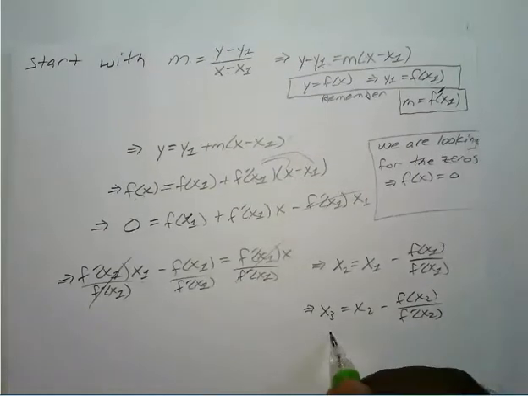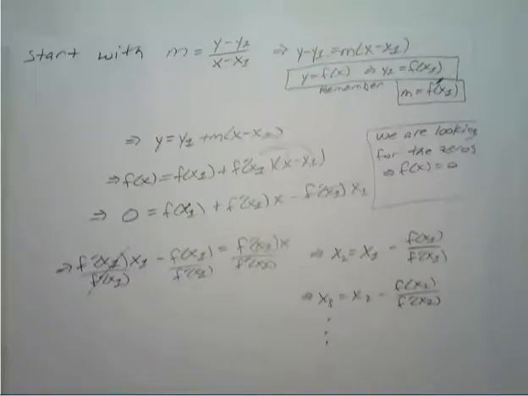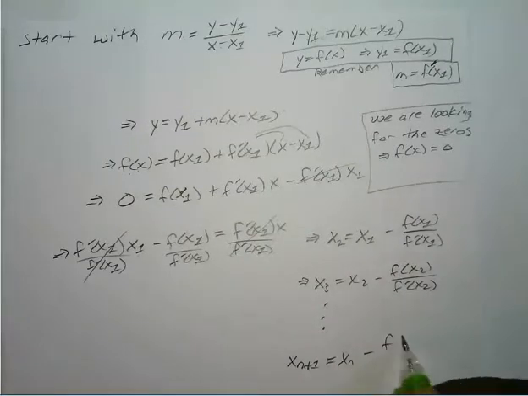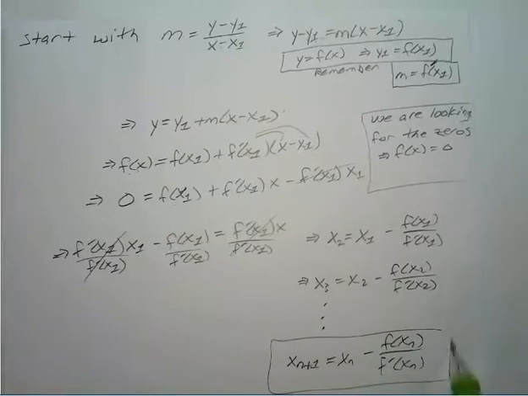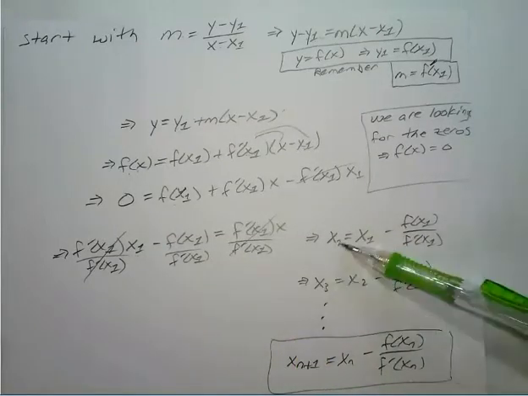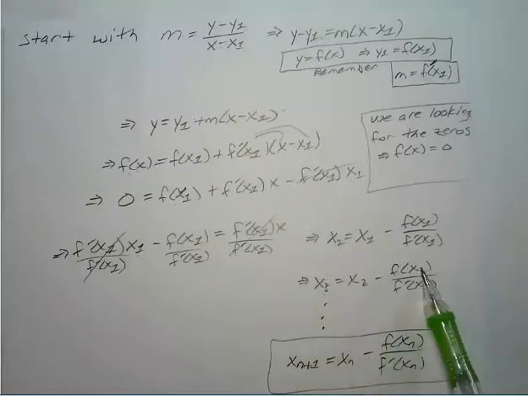Okay, and that keeps going and going as many times as necessary or as you like. So we end up with x sub n plus 1 is equal to x sub n minus f of x sub n over f prime of x sub n. Okay, so you notice here, it just keeps going. You have your 1 here and everything else is x sub 2.